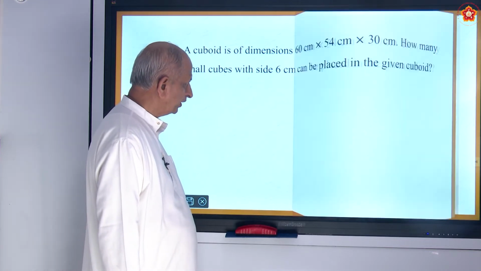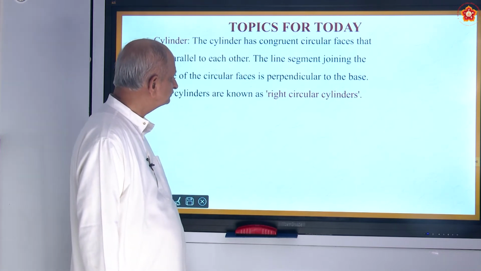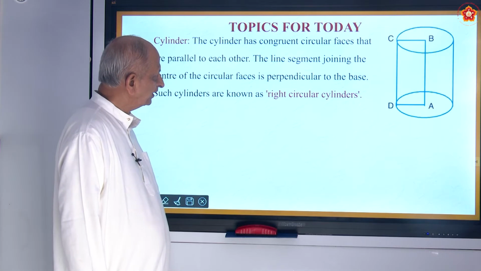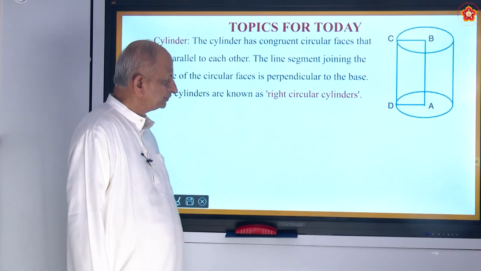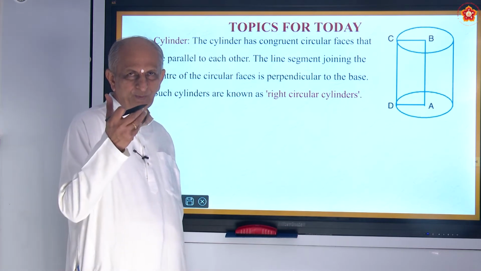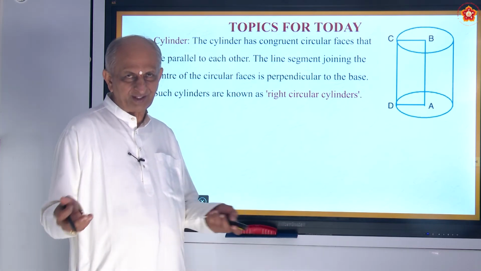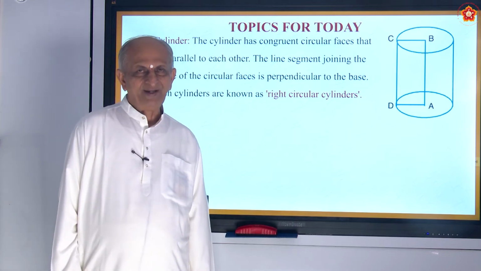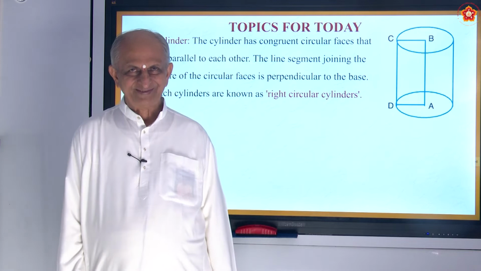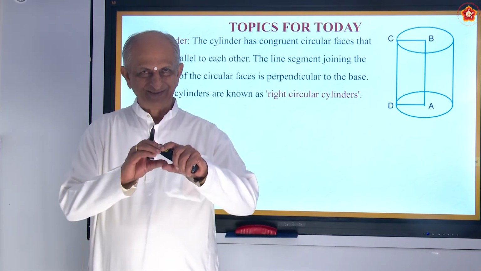We will pass on to today's topic. The cylinder has congruent circular faces. You heard about cylinder? So far we studied about cube and cuboid. Now we are coming to a cylinder. Where all do you see cylinders? Pipes, correct?